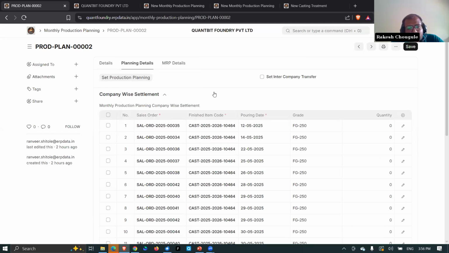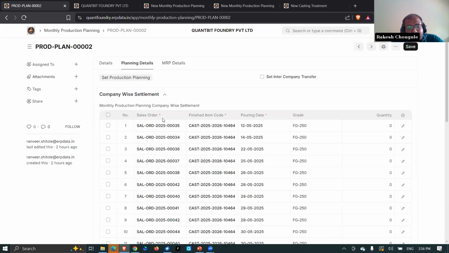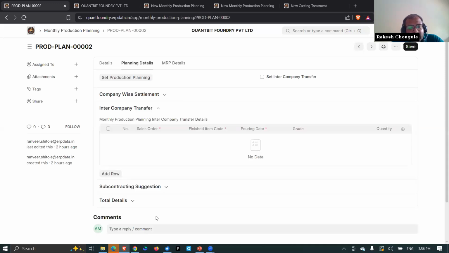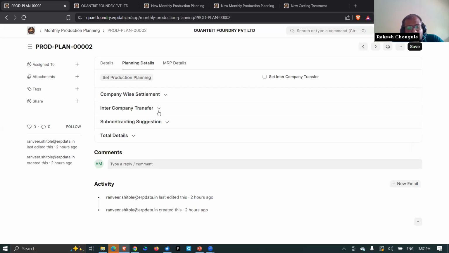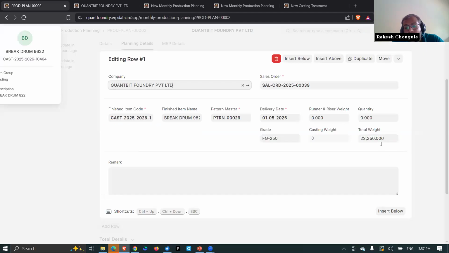If we are a group company, then we can make intercompany transfers also. If my capacity is exceeding for any company, then I can move it to my intercompany or second foundry. If there is no second company, the system will suggest that this particular casting is required to be outsourced.